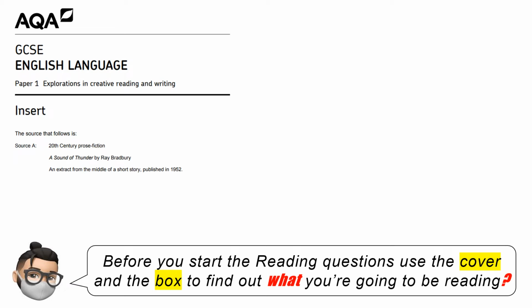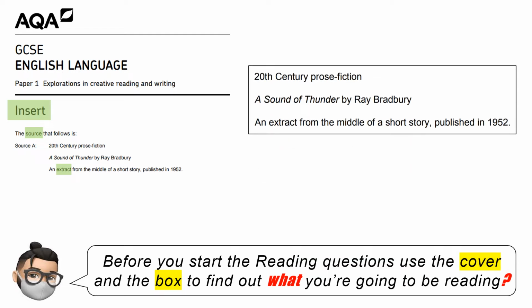So this is the front page of, they call it the insert, they call it the source, they call it the extract. It's basically the page from the story. And this is the cover of this insert. And it tells you, probably not that usefully, that it's called A Sound of Thunder and that the author is somebody called Ray Bradbury.